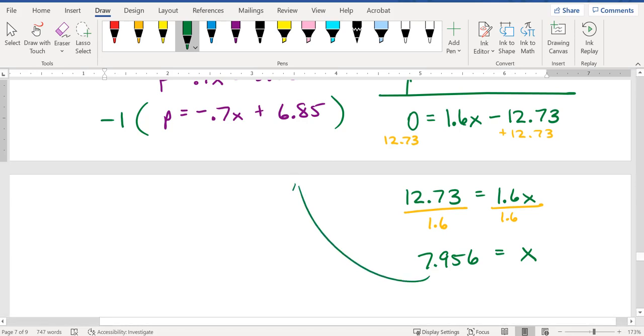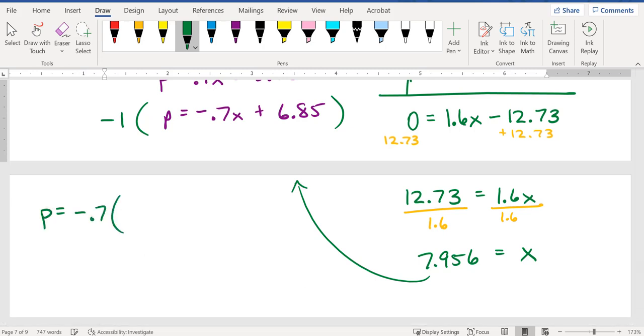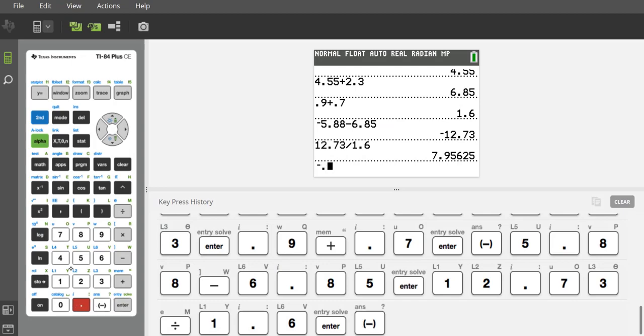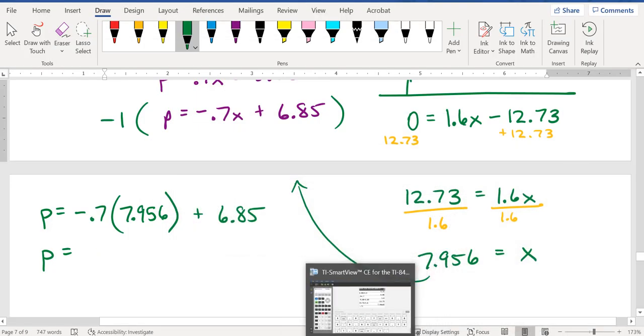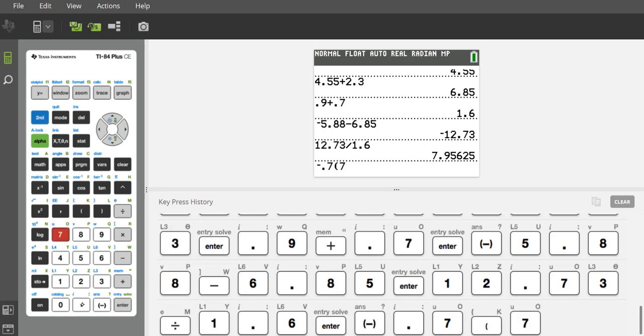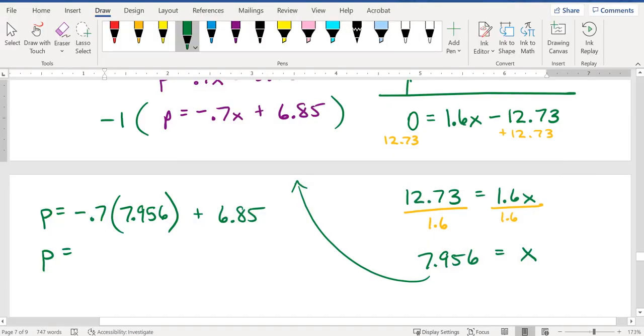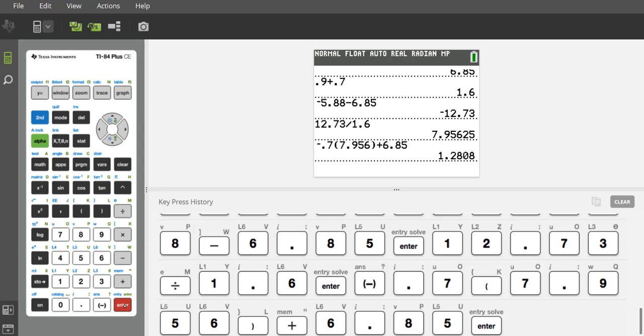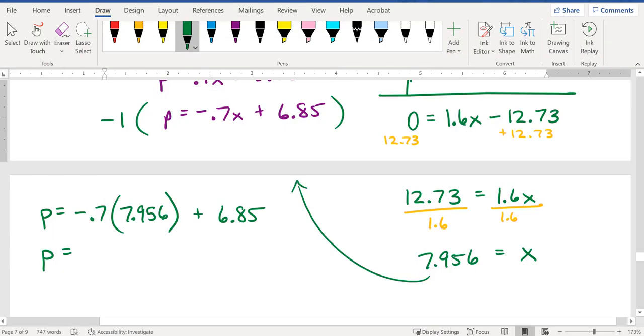So plugging it back into that bottom equation, I get p equals negative 0.7 times 7.956 plus 6.85. So p is, let's see, negative 0.7 times 7.956 and then plus 6.85. 1.2808.